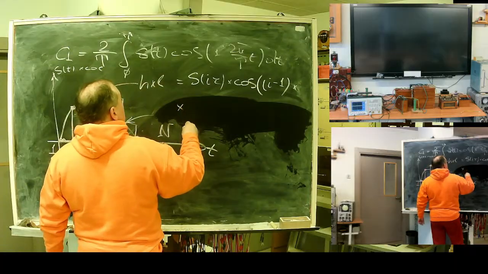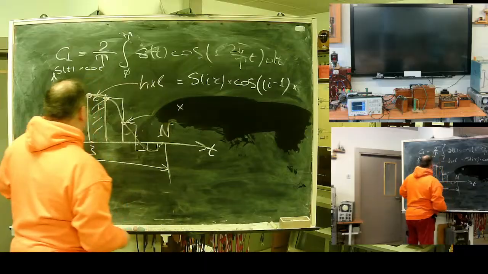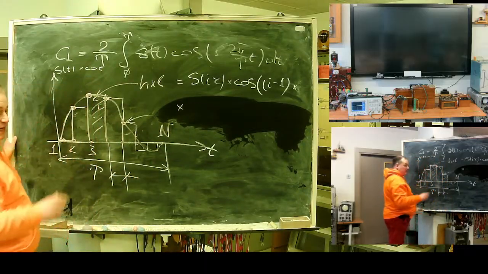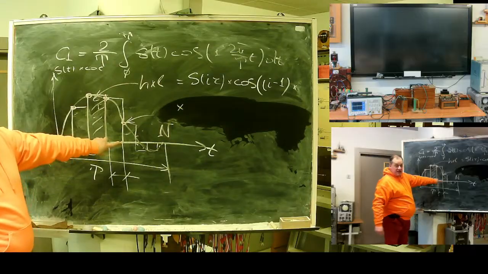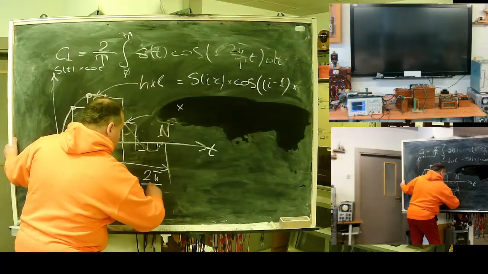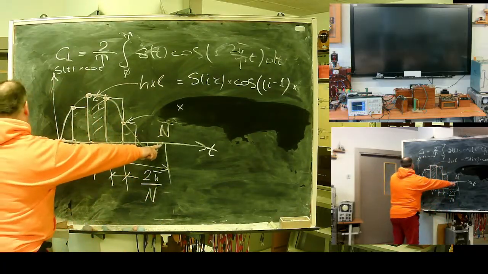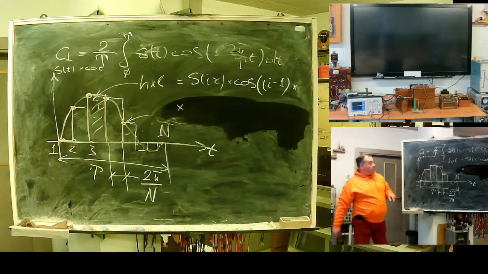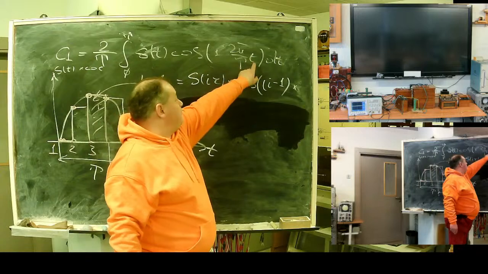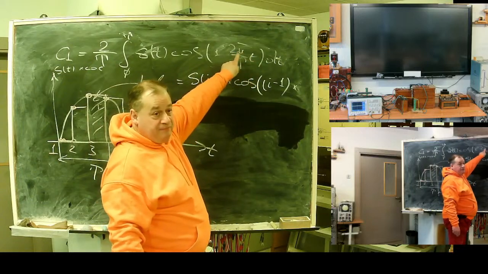multiplied by what's the space of one rectangle, of one step? 2 pi divided by the number of steps. The full period for cosine is 2 pi. When time is equal to the period, I get 1, so it's 2 pi.